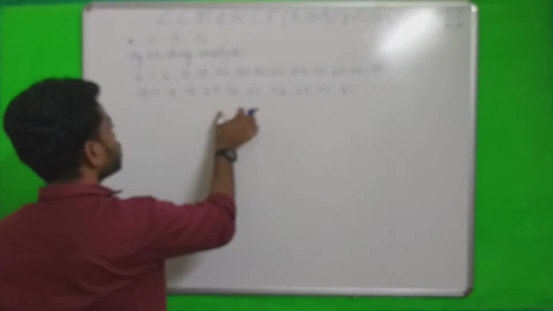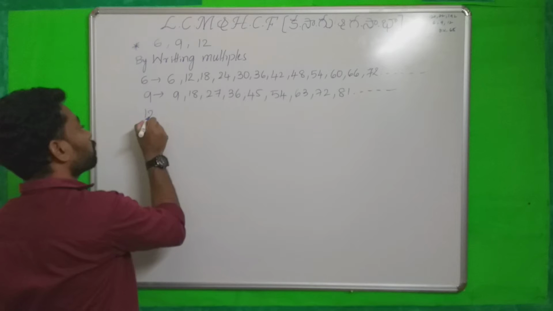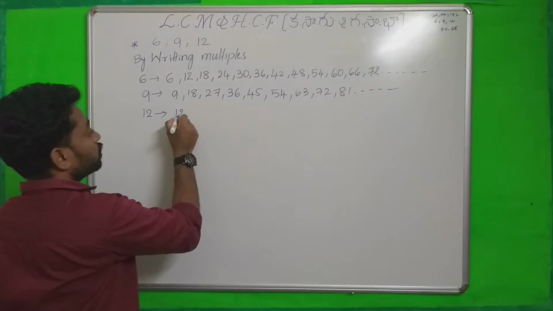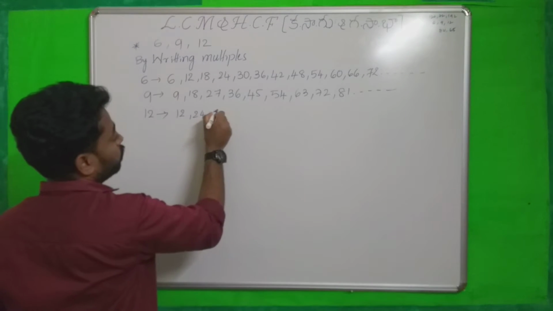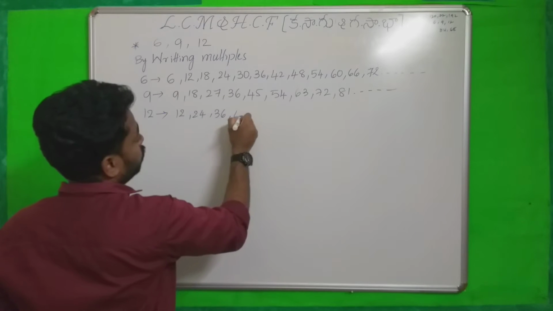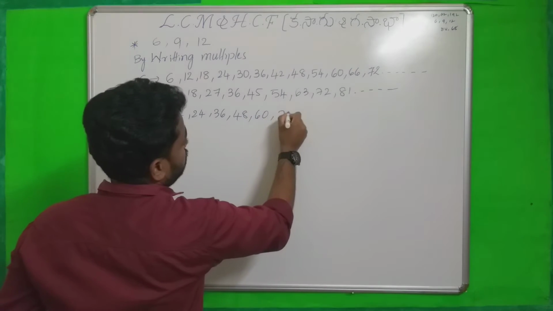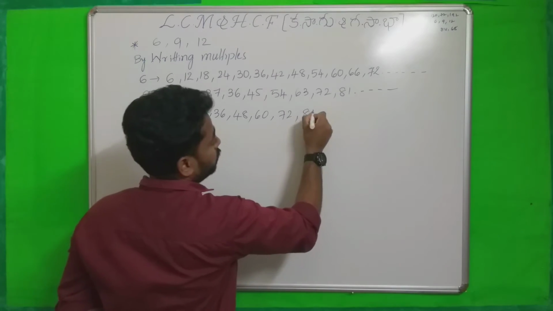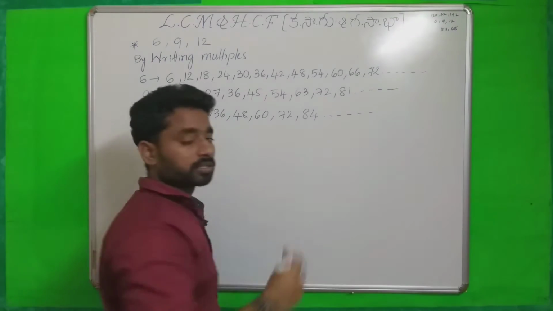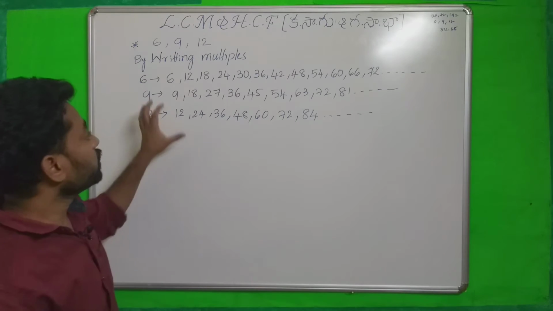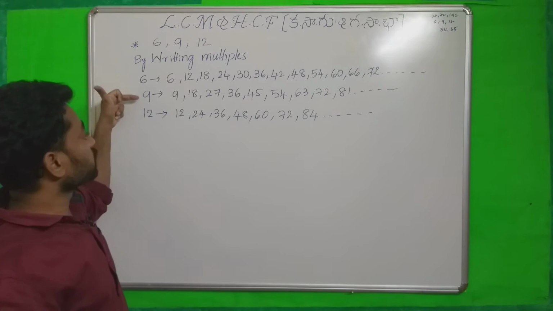These are the multiples of 9. And the multiples of 12: 12, 24, 36, 48, 60, 72, 84, so on, like this. So these are the multiples of 6, 9, 12.